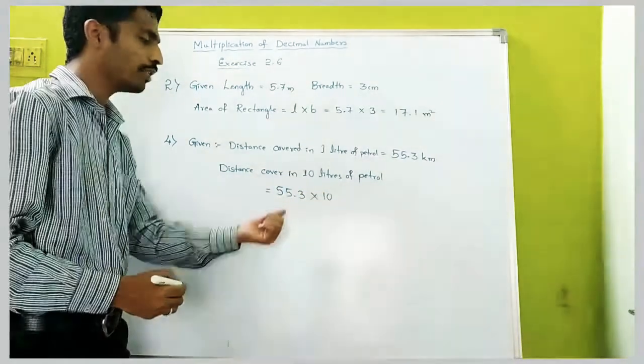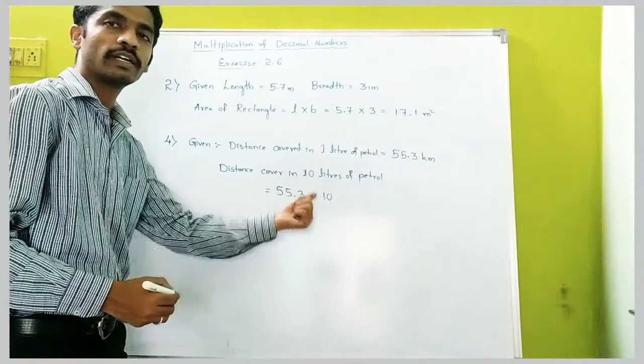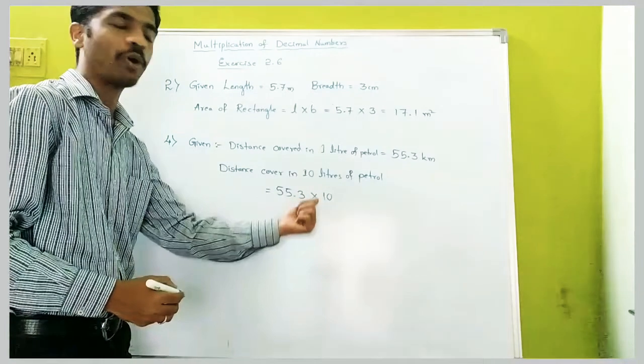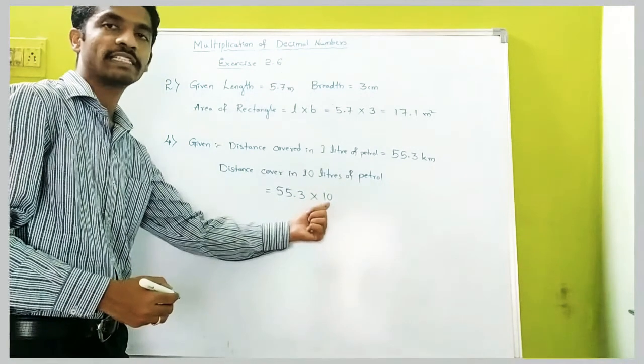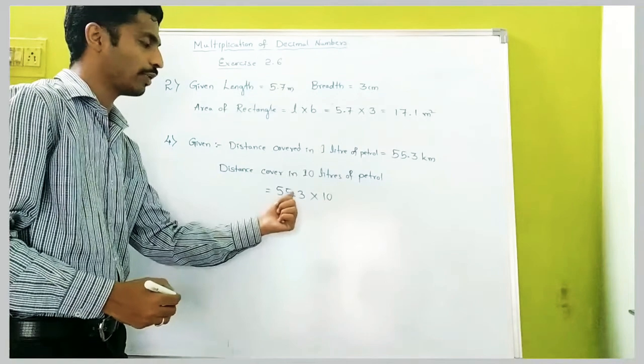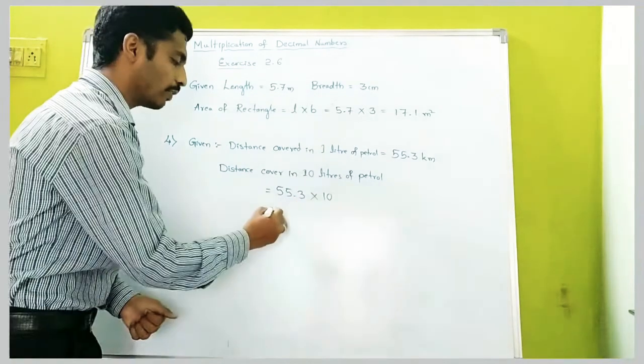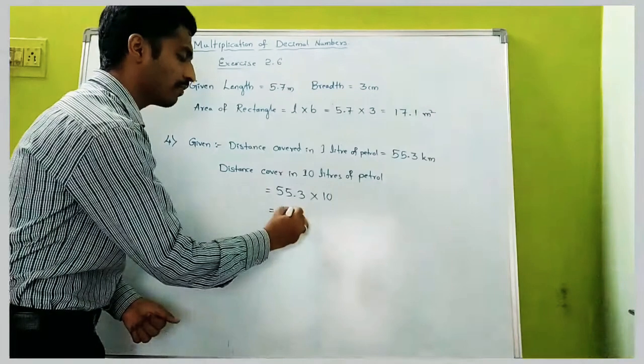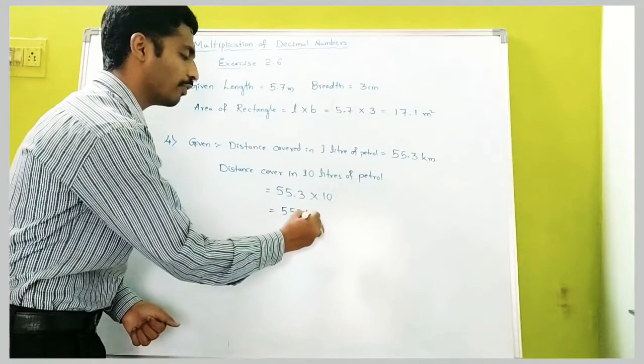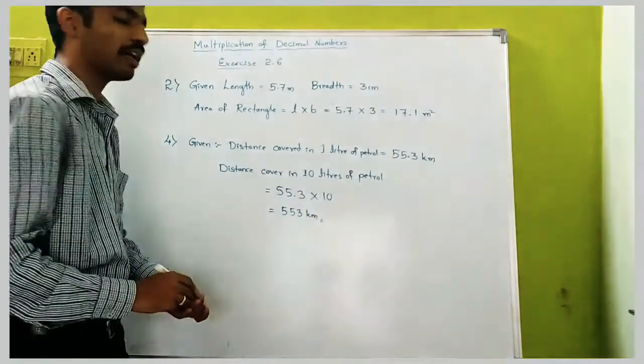So what do you have to do? Towards the right side we have to move the point, because here tens is there. So 1 0 is there. So we have to move the point 1 place towards the right side. It becomes 553 kilometers. This is our answer for the fourth question.